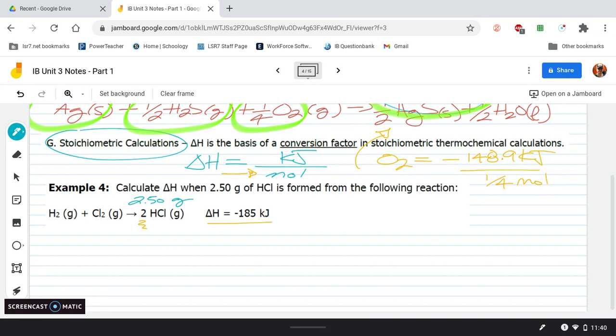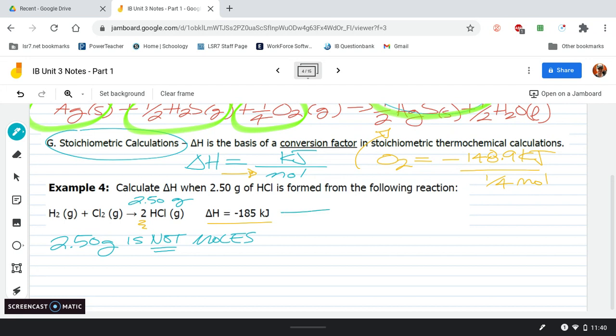So we know how many grams of hydrochloric acid we have, but that's not moles. So what you have to remember is that 2.50 grams is not moles. So we have to convert that over.